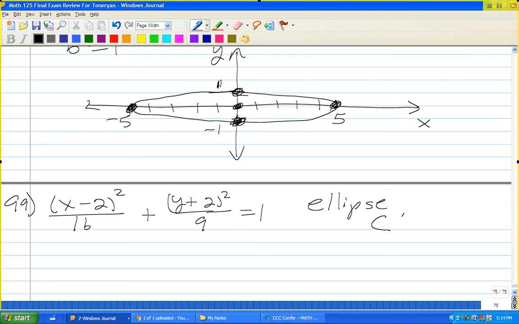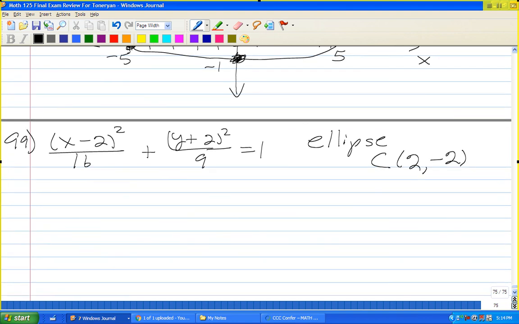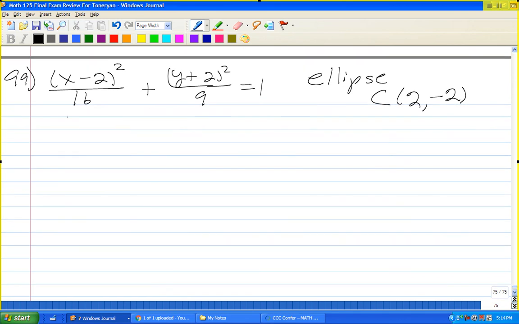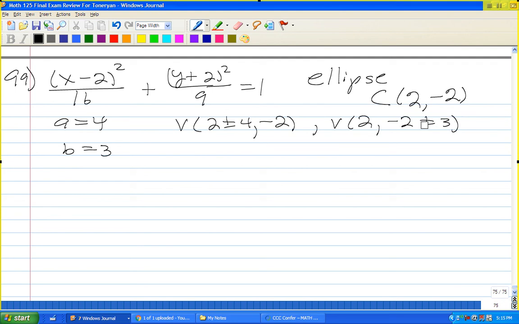The center in this case is 2, negative 2. A is 4. B is 3. And so the vertices will be at 2 plus or minus 4, negative 2, and at 2, negative 2 plus or minus 3.